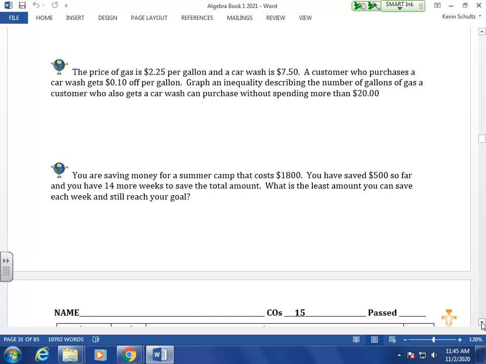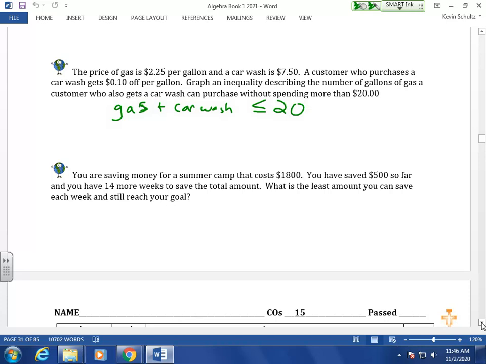So this inequality is essentially going to be your gas plus the car wash. What inequality symbol are we going to be using here if we want to spend without spending more than $20? Less than or equal to the total price, which is 20.